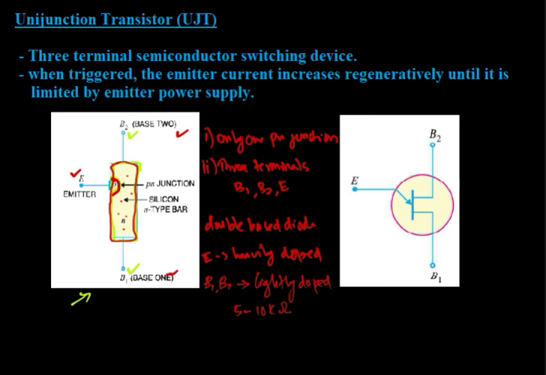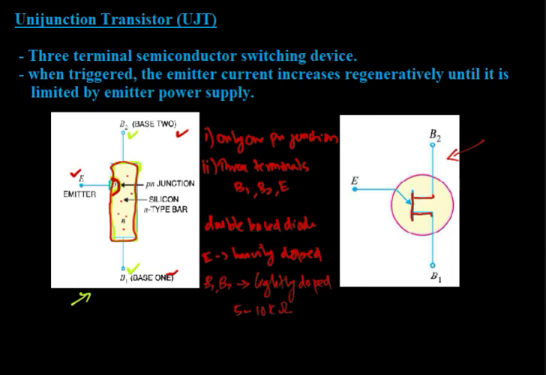Now come to this symbol of the UJT. Here you can see a straight bar which represents the channel, and from this channel two terminals are taken, that is B1 and B2. In between these B1 and B2 there forms an emitter region.